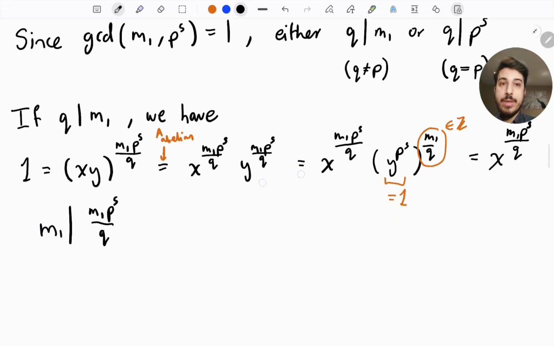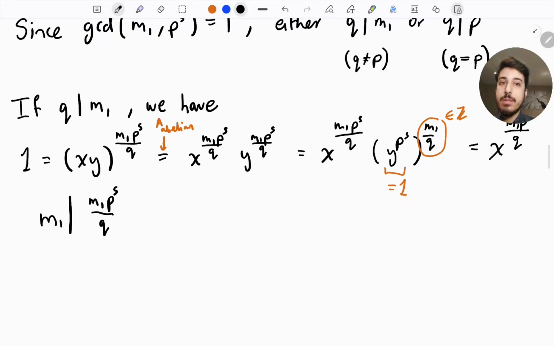So now we have this relation here. We can divide both sides by m1 to have 1 divides p to the s over q, and now multiply both sides by q to have q divides p to the s.